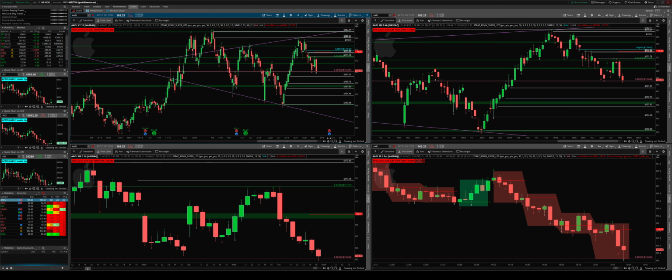So if I zoom out right quick, this is what Apple looks like right now. The green boxes, again, if you're not familiar with what I've been experimenting with here, are what I'm calling areas of liquidity. Basically, either the price comes down to that area and then we have a bounce up, or there seems to be some consolidation and support and then it bounces up, or there seems to be some resistance in that area and it drops down pretty abruptly.